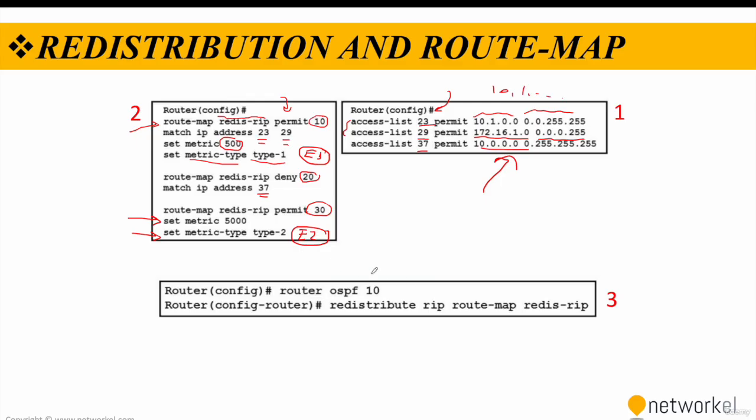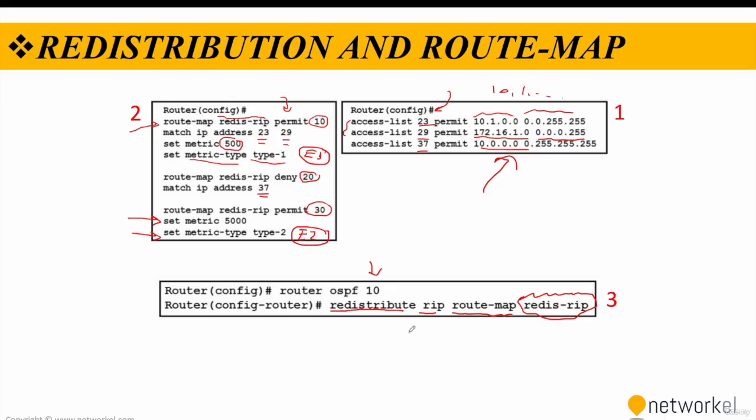Then I am doing my final configuration. Router OSPF 10 and redistribute RIP, route map, using this Redis RIP route map. So this is basically what it is doing.